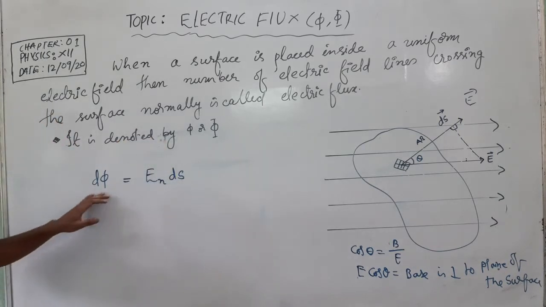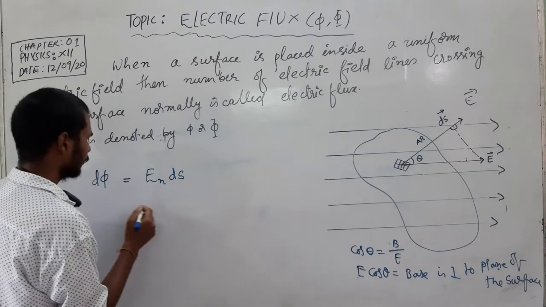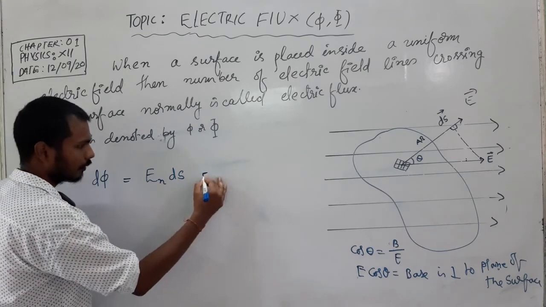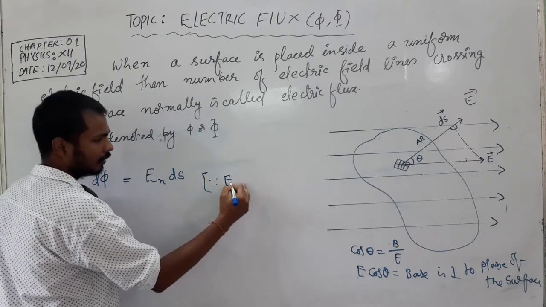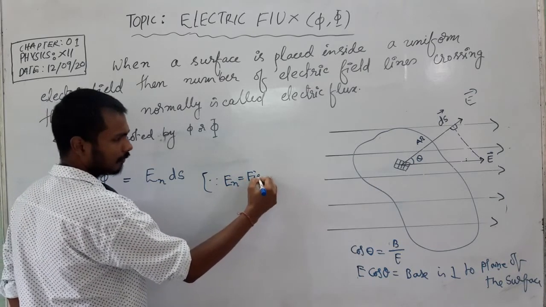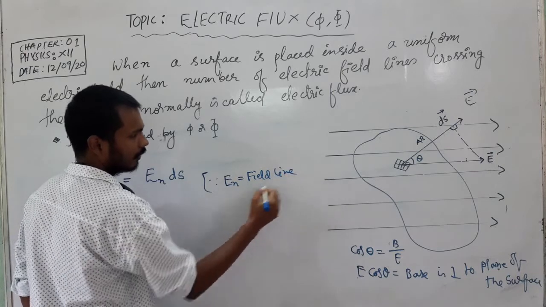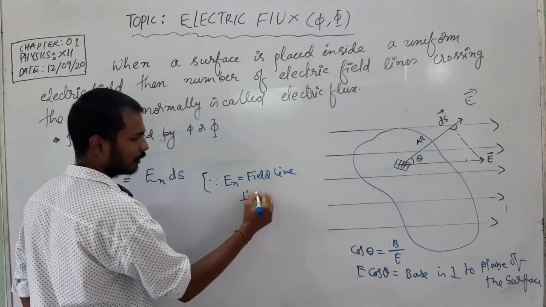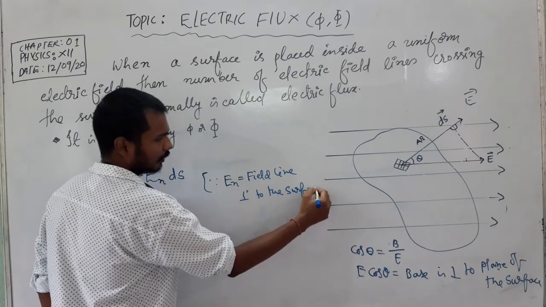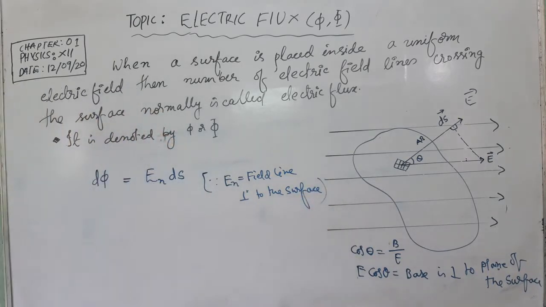And this flux is always a scalar quantity. Now see, what is E_n? E_n is the field line component perpendicular to the surface. Okay, the field line is perpendicular to the surface.